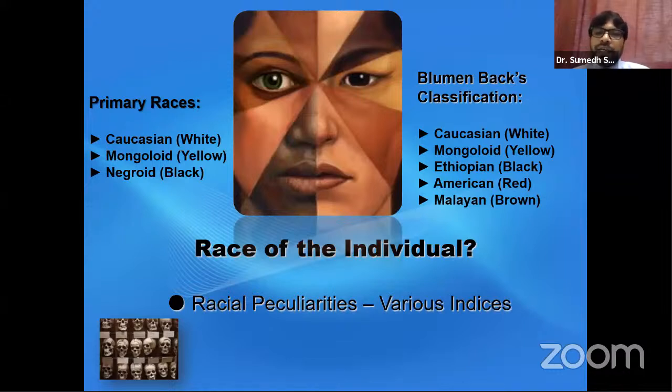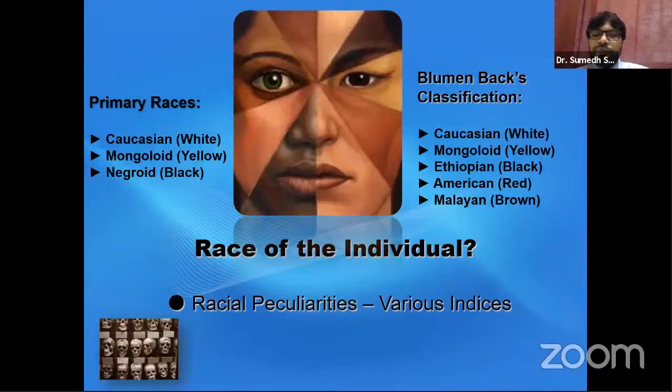Then there were two more additional classifications by Blumenbach, a well accepted classification at the time: Caucasian, Mongoloid, Ethiopian, American, and Malay. So he has added red and brown. These were primarily on the basis of skin color.